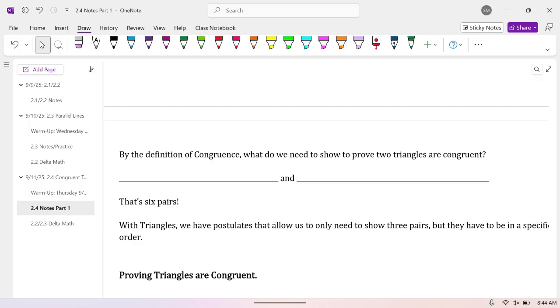Now we're starting to get into the postulates. All right. So there are several congruency postulates that we use in this class to determine if two triangles are congruent without them flat out saying that they're congruent.